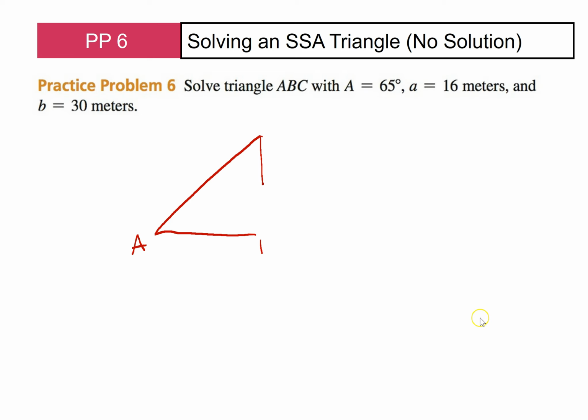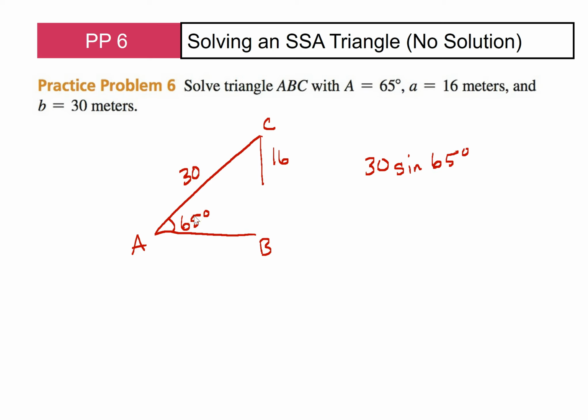So angle A, angle B, angle C, that's the labeling. That's 65 here, B is 30, and then A is 16. So the question is, based upon how wide this angle is and the length of the B value, do I have enough to get us back, at least minimally, to B? All right, we've got to do this by B times the sine of 65.